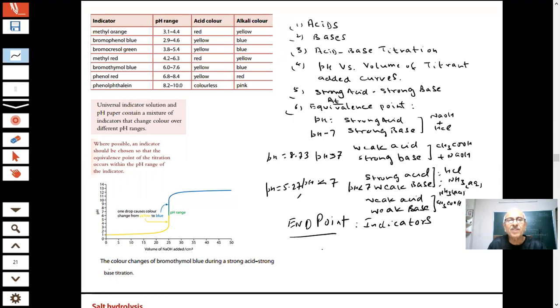And there is a pH range during which the indicators are effective and change their color. So we have to choose those indicators which at the equivalence point will change their colors. And you can see we have given a table of the indicators and the pH range in which they can be used. So you are aware of these indicators also. Yes or no? You have studied about indicators. Yes, sir, weak acids or weak bases.